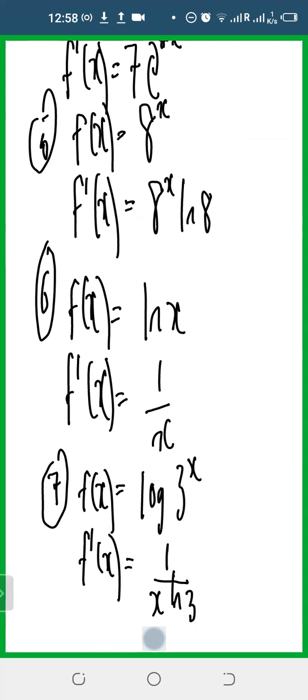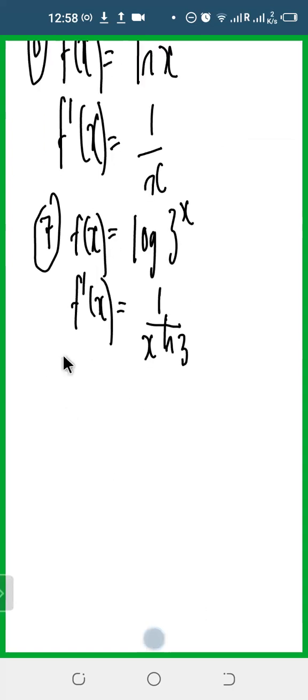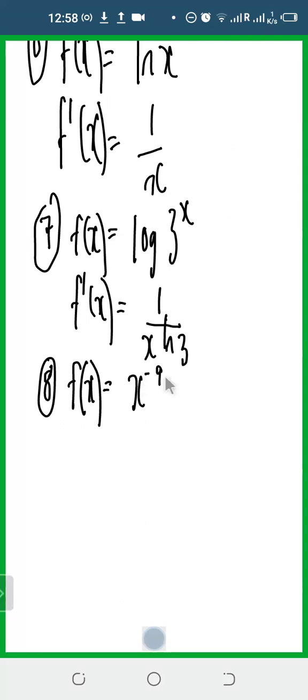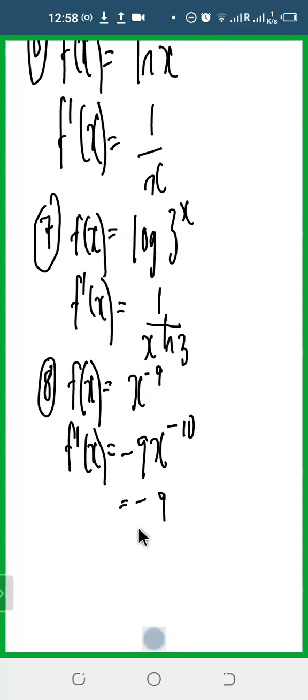And then the last question, but not the least, number 8, we have f(x) equal to x to the power minus 9. So our f prime x will be equal to minus 9 and then x to the power minus 10. And in this case, we can say it's the same thing as minus 9 all over x raised to power 10, if we like.